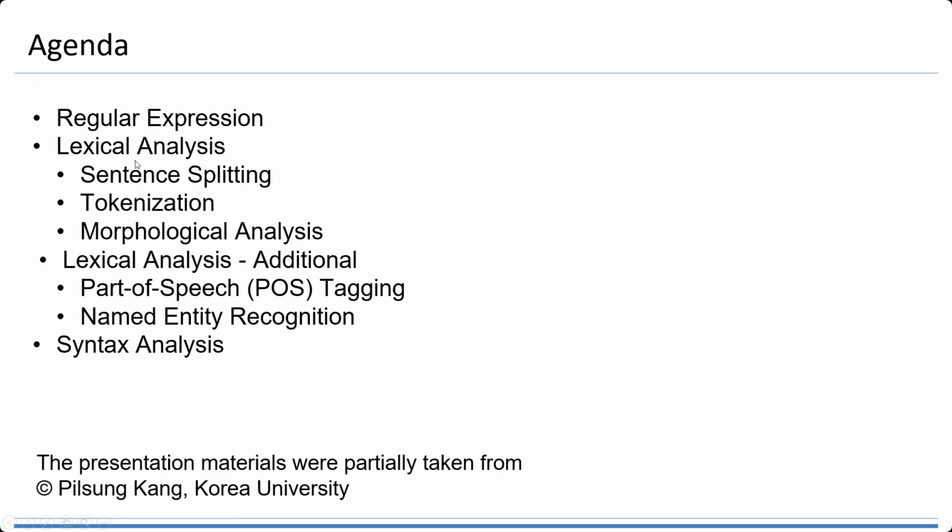Some of the lexical analysis are related to sentence splitting, tokenization, morphological analysis, and some additional lexical analysis, for example, like POS tagging and named entity recognition. And we are also going to learn about syntax analysis.